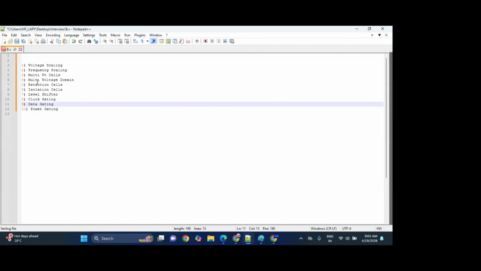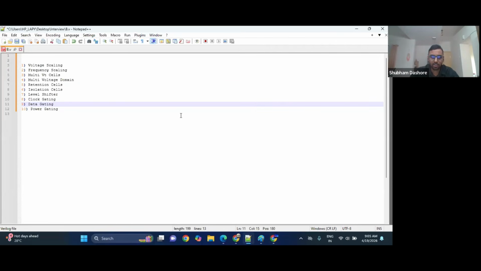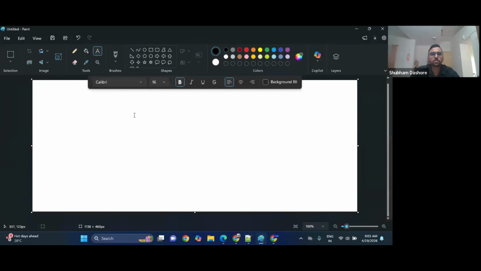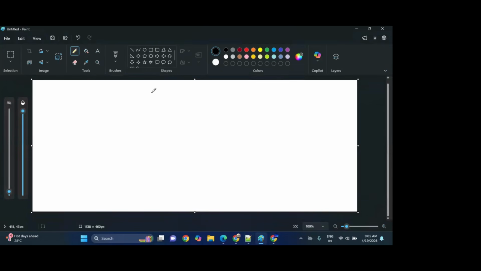If I talk about the first one, the voltage scaling: we dynamically adjust the supply voltage according to our workload or requirement. Similarly, frequency scaling: depending upon the workload or requirement, we scale the frequency at runtime. What is the range of the voltage?